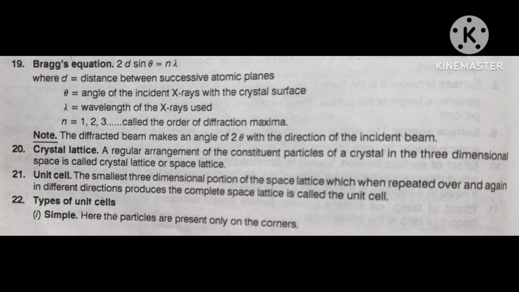A regular arrangement of the constituent particles of a crystal in three-dimensional space is called a crystal lattice or a space lattice, correct. That is a regular arrangement of the particles.